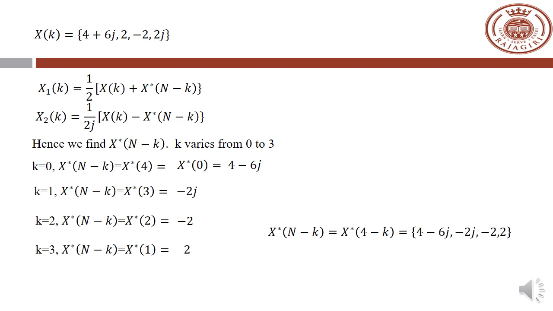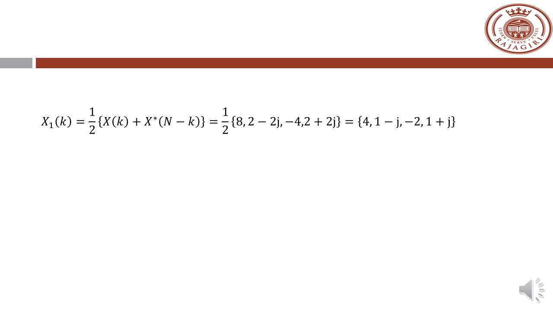Now, since we have x of k and x conjugate of n minus k, we can find out x1 of k given by 1 by 2 into x of k plus x conjugate of n minus k, and x2 of k as 1 by 2j into x of k minus x conjugate of n minus k.